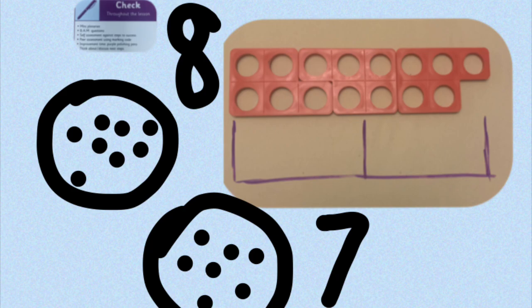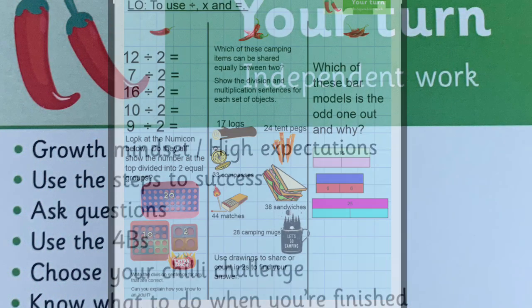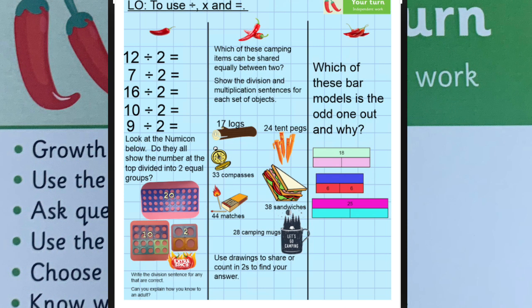So we've got 7 and 8. Are they equal? No, they're not. But we should have known that 15 couldn't be shared equally into 2 equal groups because it is an odd number. Well done. Okay, now it's time for our final Your Turn of the day.